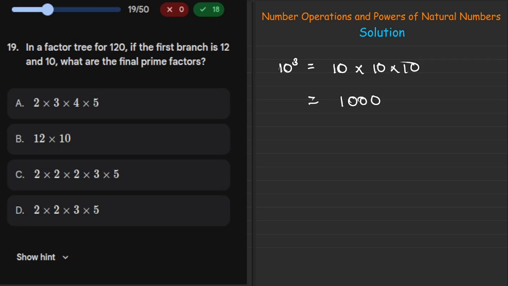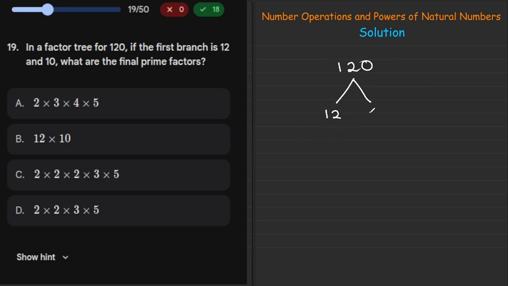Question number 19. It says in the factor tree of 120, if the first branch is 12, that is, you started with 120 and then your first branch was 12, that is fine.